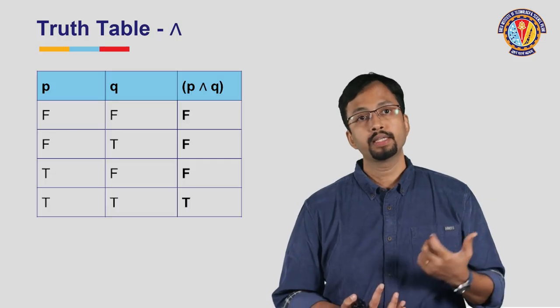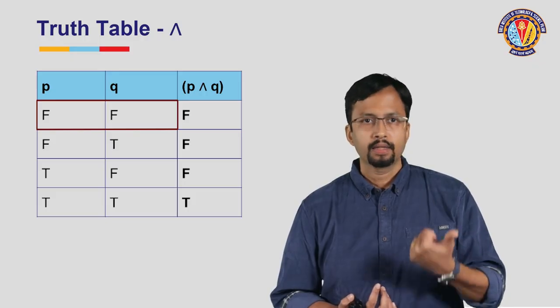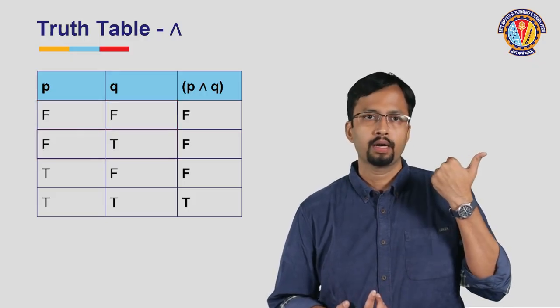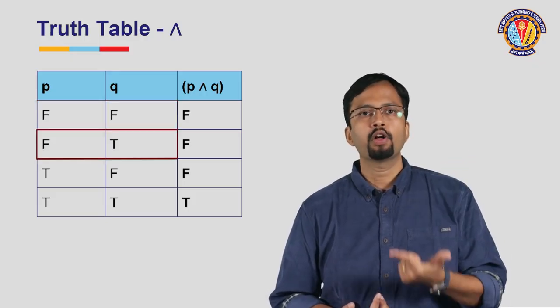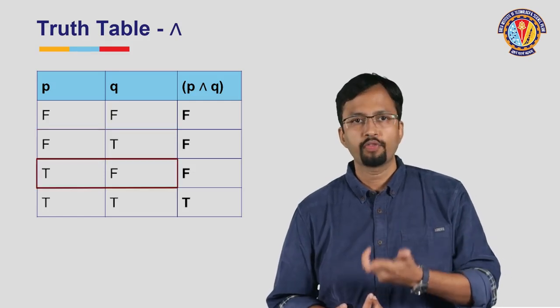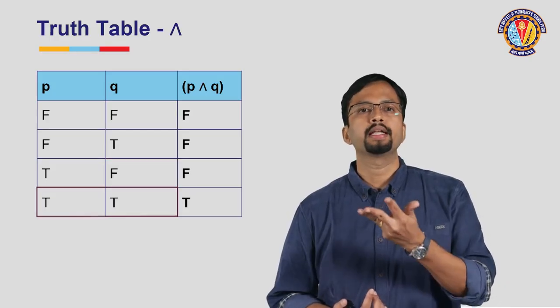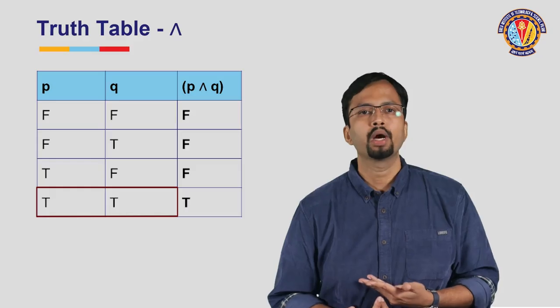Right. So either both P and Q are false, that's the first possibility, or the second possibility is that P is false and Q is true. The third possibility is that P is true and Q is false. All right, and the fourth possibility is that both P and Q are true.